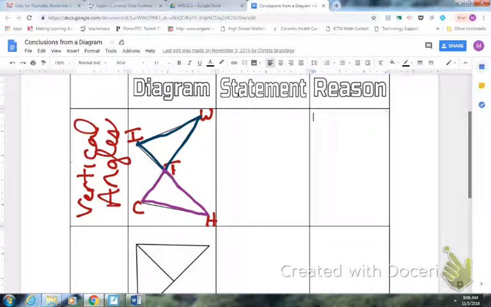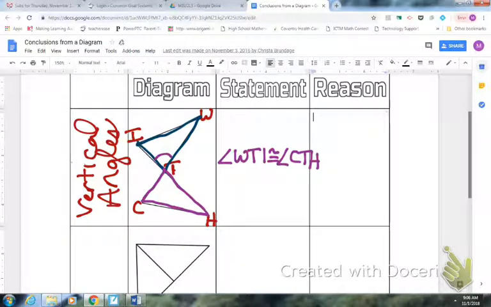If I name it with 3 letters, what are my vertical angles that are congruent in this picture? Angle WTI is congruent to, what's the other angle? CTH, or HTC, whichever you prefer.